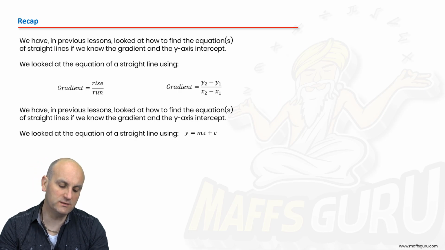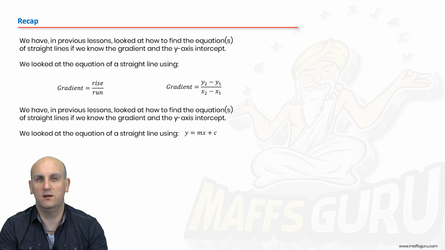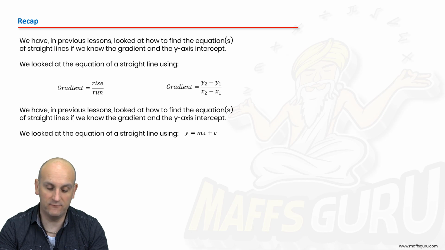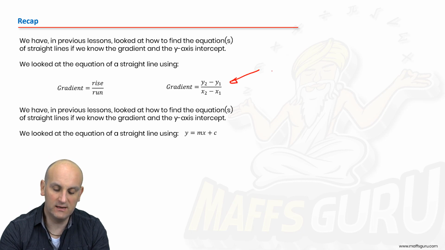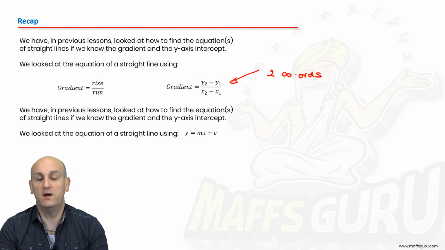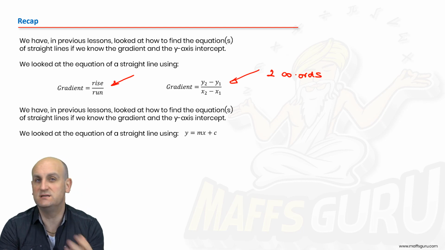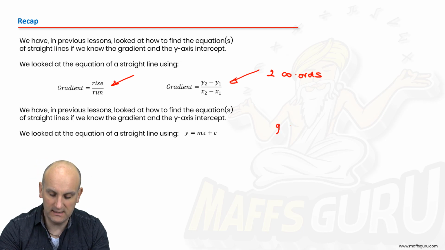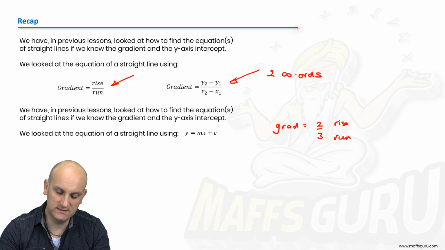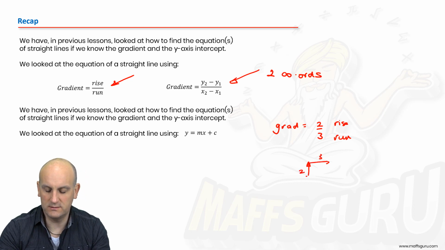So yeah, we've looked at the idea of gradient is rise over run. We've got y2 minus y1 over x2 minus x1 as another way of doing it. So here, that's to find the gradient when I'm given two coordinates. So if I'm given two coordinates, then I can find the gradient really easily. This here, I like that, rise over run, because if they tell me the gradient is equal to 2/3, then I know that my rise is 2, my run is 3, which means I'm going to go 2 up, and I'm going to go 3 across to get from one point to the next point.